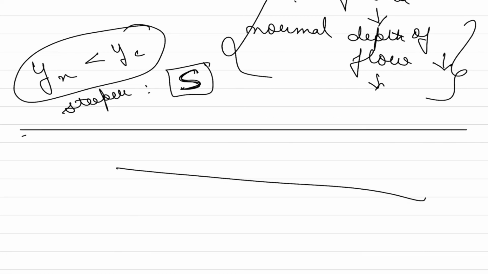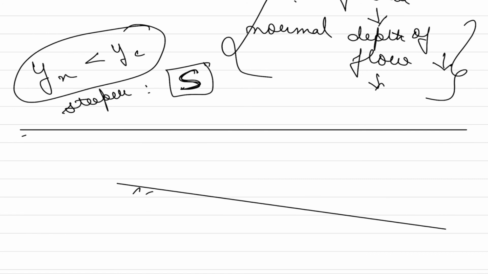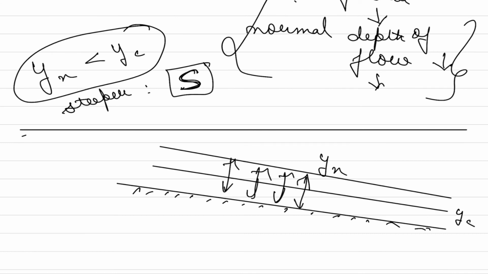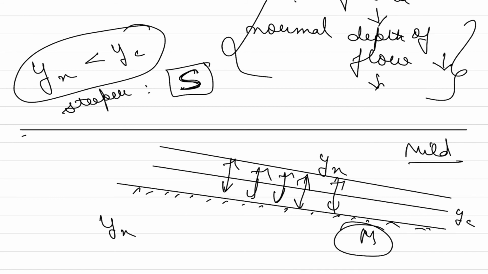If we have a channel bed where our depth of flow yn is greater than our critical depth of flow, since depth is considerable, flow velocities would be lesser as compared to the steeper channel. We can use this definition to call our channel bed as M or mild if our normal depth of flow is greater than YC.